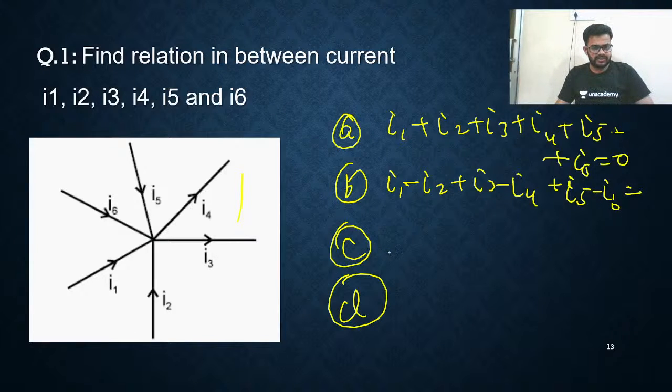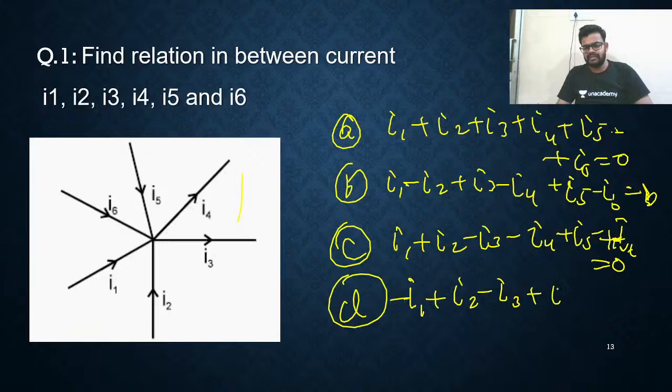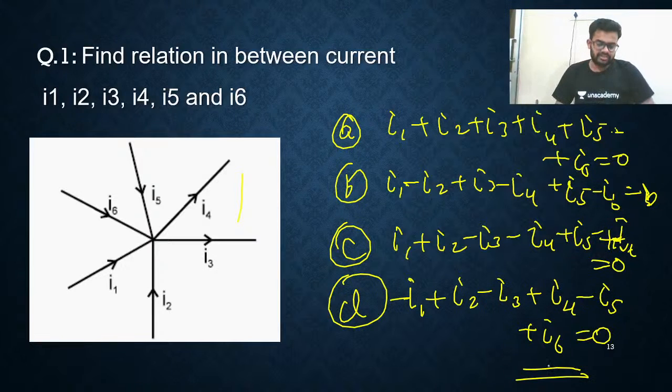Next, I1 plus I2 minus I3 minus I4 plus I5 plus I6 is equal to 0. And last, I1 plus I2 minus I3 plus I4 minus I5 plus I6 is equal to 0. Which of the following options is correct? Come on, choose the correct answer.